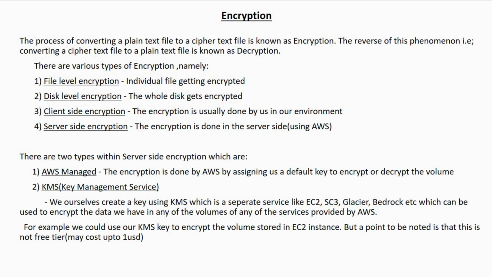So this is a separate service, KMS, and this is all done by us. We create the key to encrypt the volume. For example, in EC2, we create an EBS volume, and we could use this KMS key to encrypt it, or we could use the default AWS managed key.